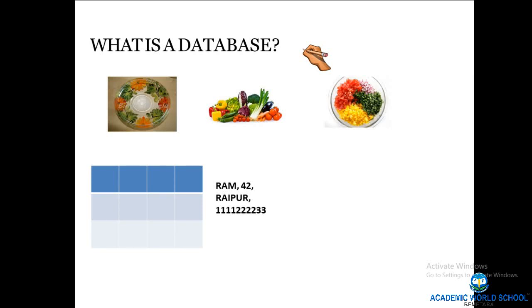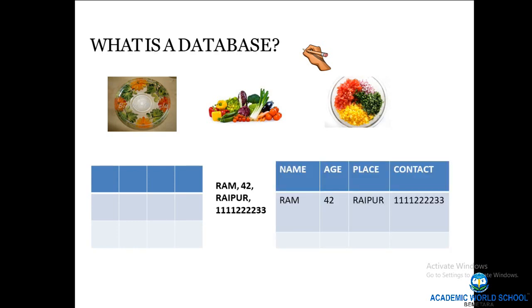Here Ram is a person whose age is 42, who resides in Raipur, and this is the contact number. These individual items are known as data, and when all these data connect with each other, the collection of data makes information.